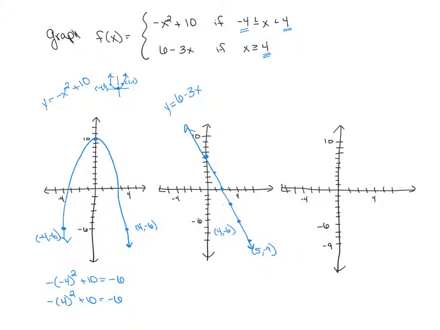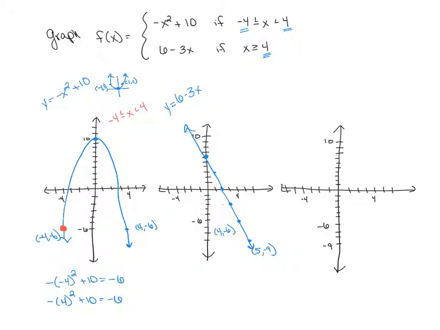Here's where we go in and select the pieces that we need. Back to the first graph, I want to look like -x² plus 10 for x values greater than or equal to -4 and less than 4. So if I go to my points at (-4, -6), I am going to have a closed circle.